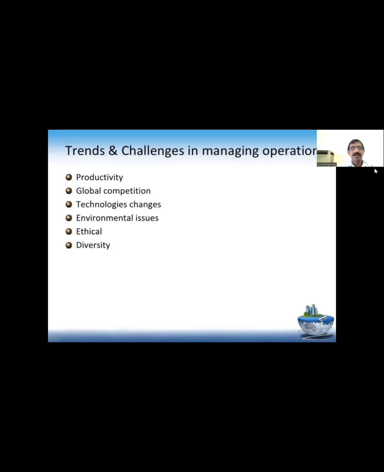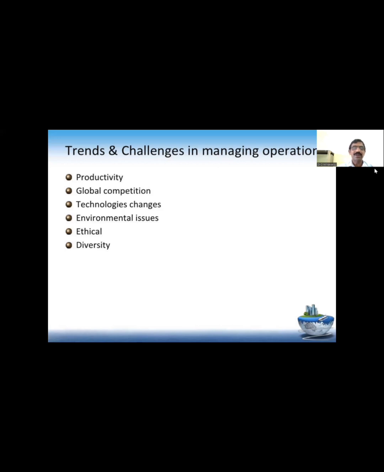Then environmental issues. If you talk about environmental issues, we are polluting the environment like anything through plastic, in n number of ways and means. Water pollution, sound, emission of carbon. So how to control this? The regulation is not only from the Indian government, but across the globe through agreements.